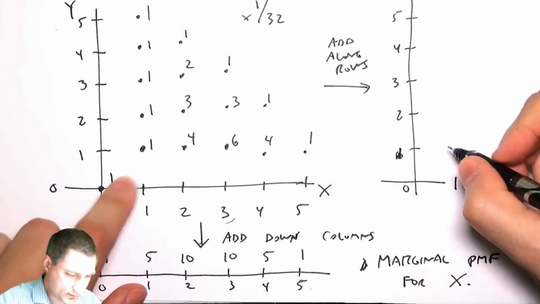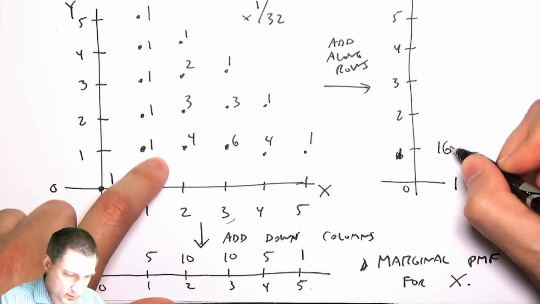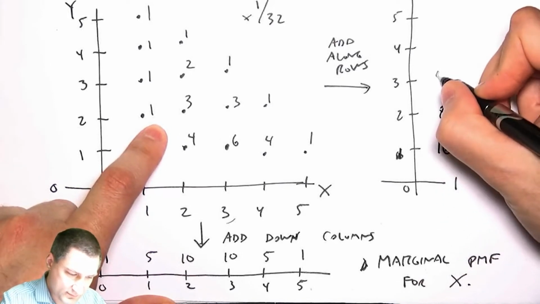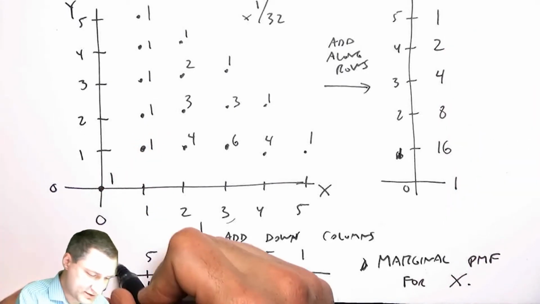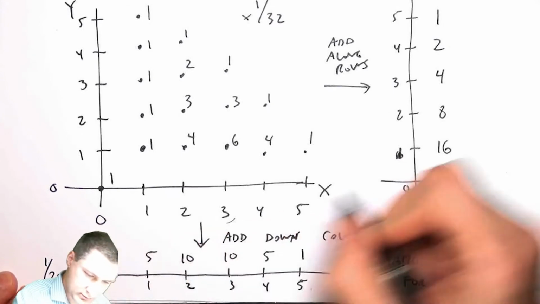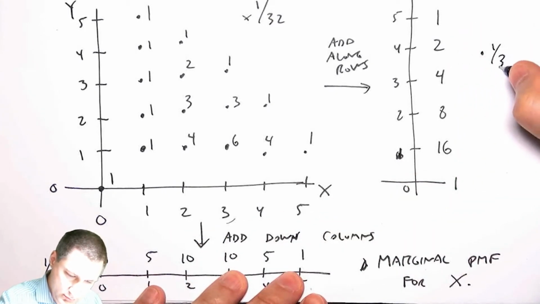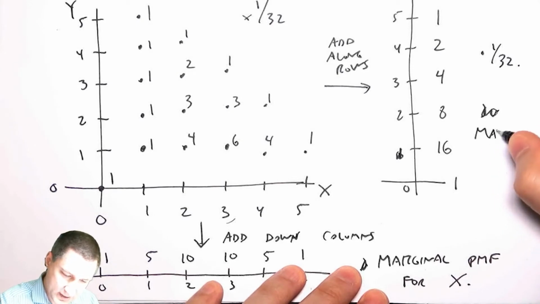I'm going to get 1. Adding up these numbers gives me 16. These give me 8, 4, 2, 1. Really all these things are divided by 32, and this is the marginal PMF of Y.